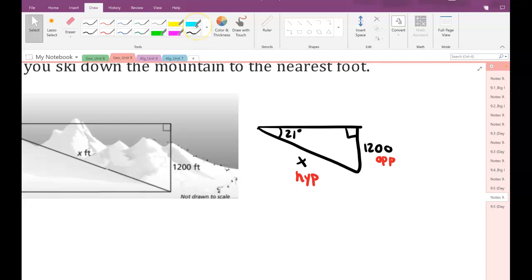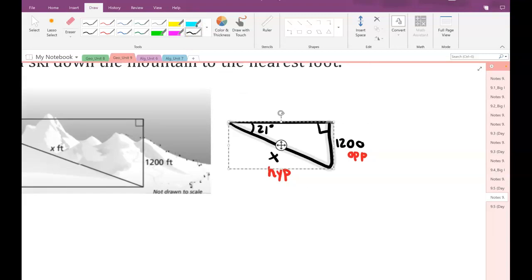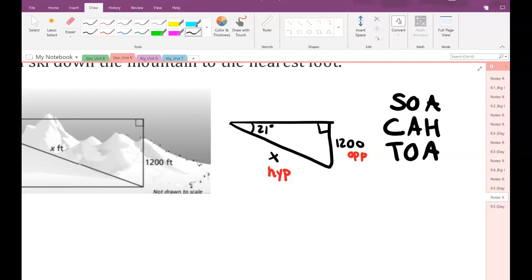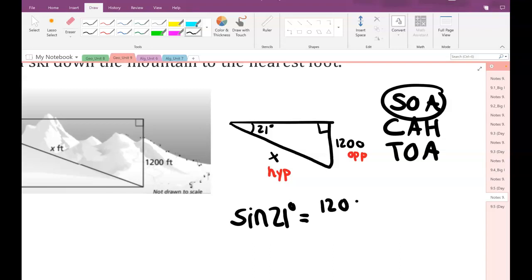So I think through my little hack to remember, is it SOH, is it CAH, or is it TOA? Well, I'm given opposite and hypotenuse, so I have to use my sine. So I say the sine of a 21 degree angle is equal to the length of our opposite side divided by the length of our hypotenuse, which we don't know right now. We're just solving for it.